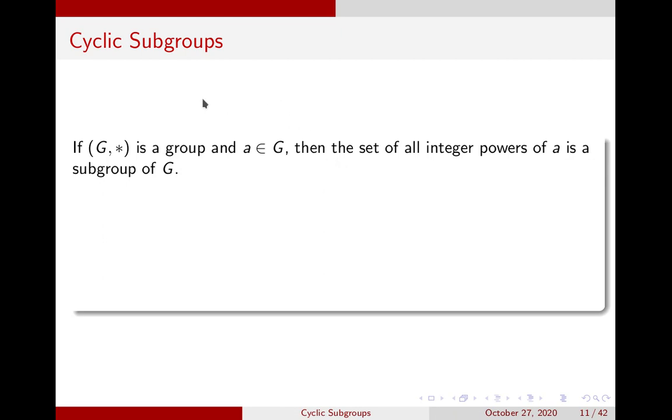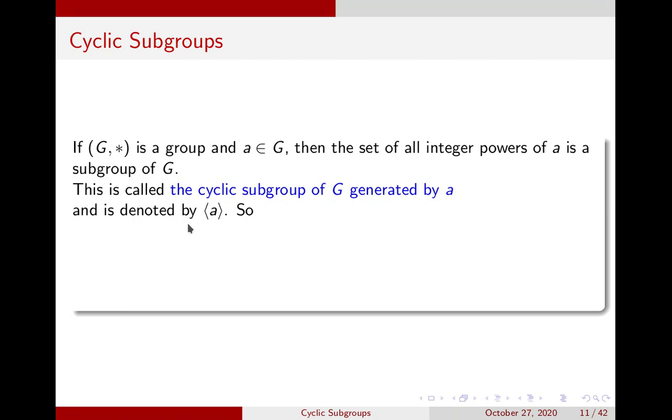So now we're going to look at a special kind of subgroup of a group called a cyclic subgroup. If you have a group G star, this can be any group, and you take any element little a of G, then the set of all integer powers of a is a subgroup of G. This is called the cyclic subgroup of G generated by a.